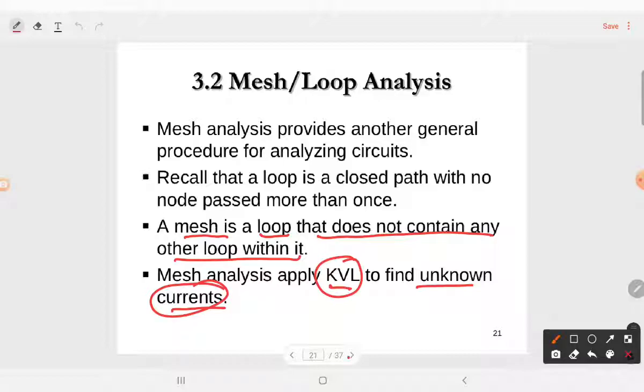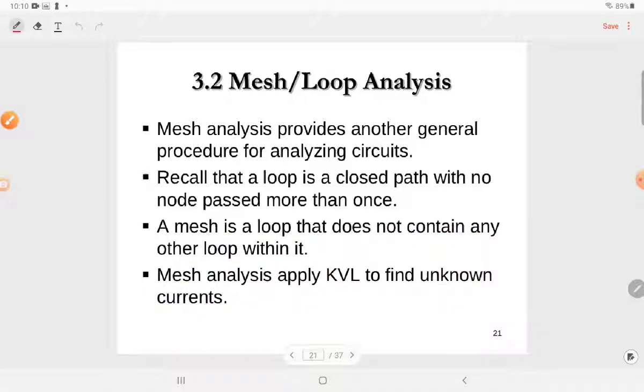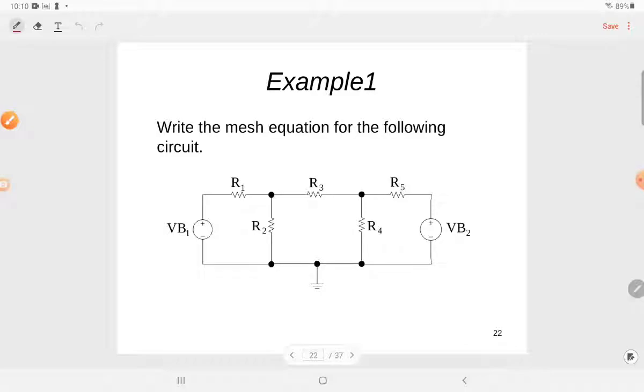So next, we go for an example straight away, for you to understand what mesh analysis is. Because we are using Kirchhoff's voltage law, before we start, you need to know how many meshes we have in that circuit.